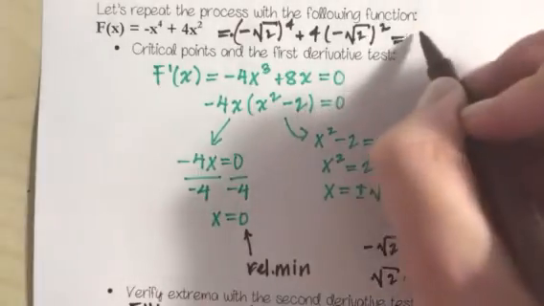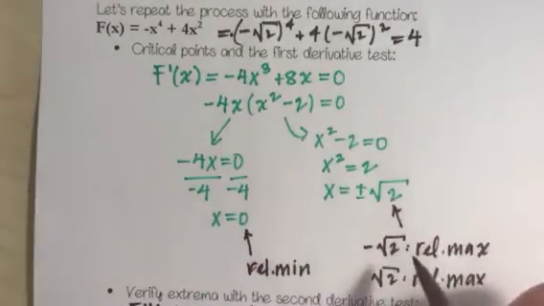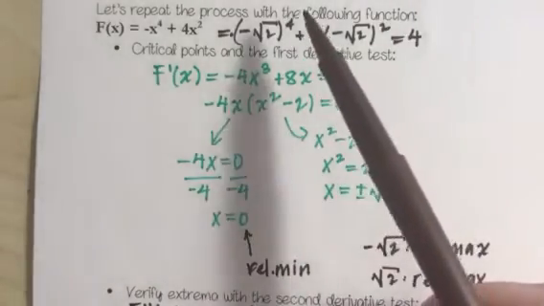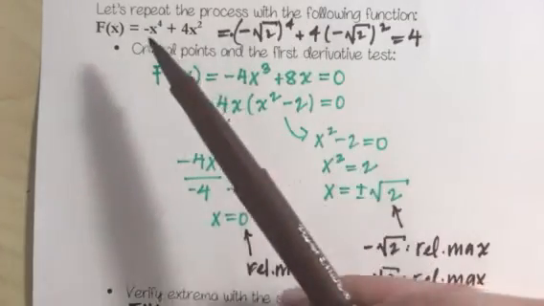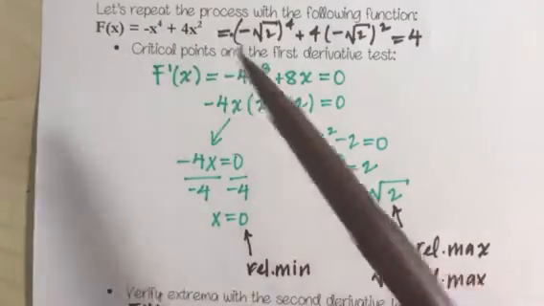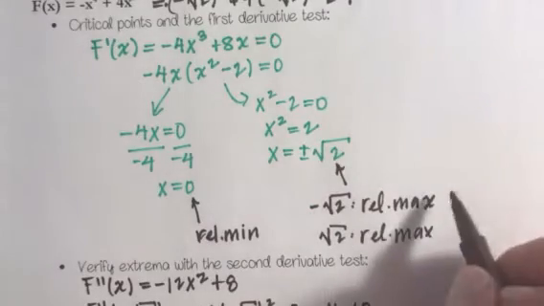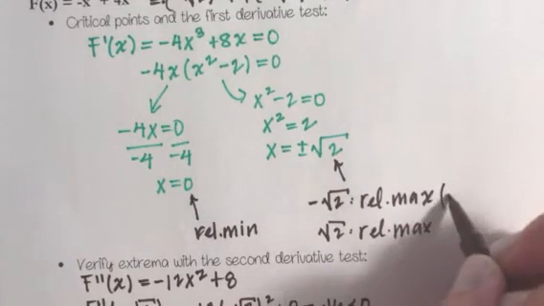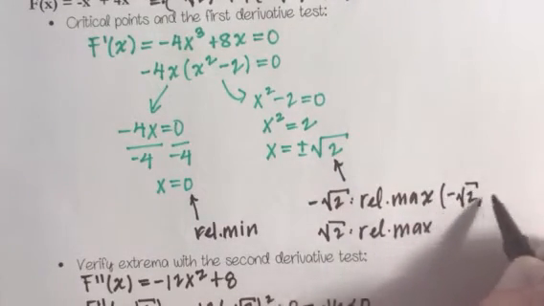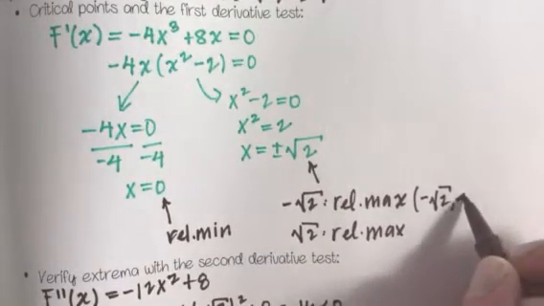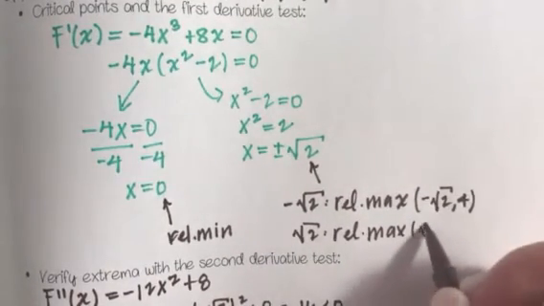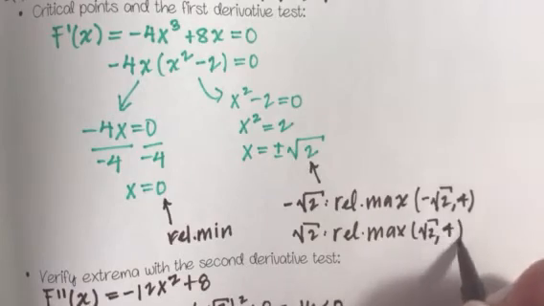And if you do that in your head or plug into your calculator, you'll get out 4. You get the same answer as if you plugged in positive root 2 because I have even numbered exponents here. So that means I have a relative max that's happening at negative root 2 comma 4 and also at root 2 comma 4.